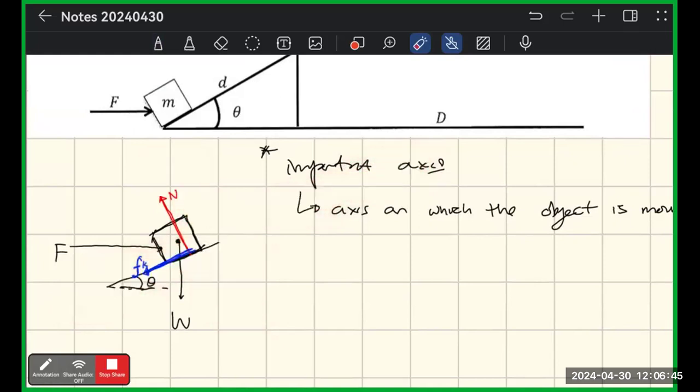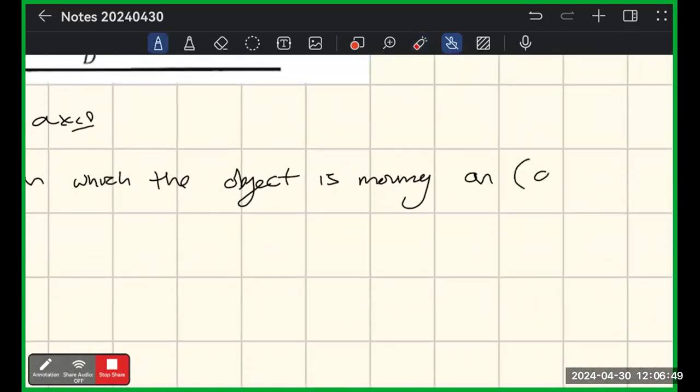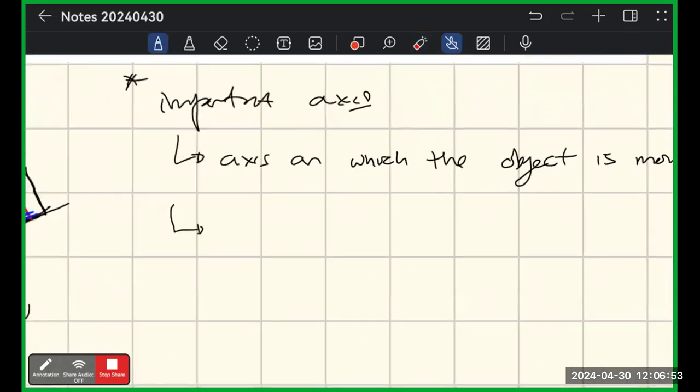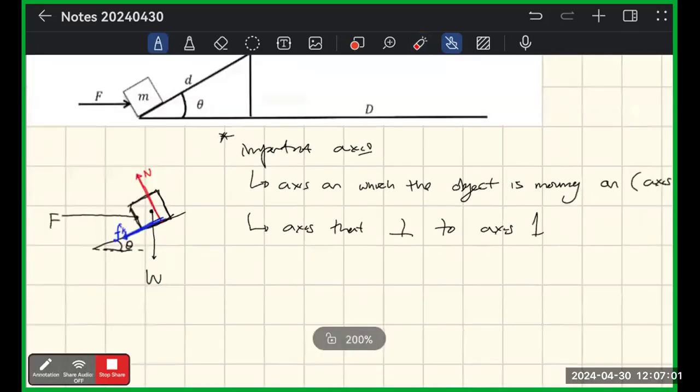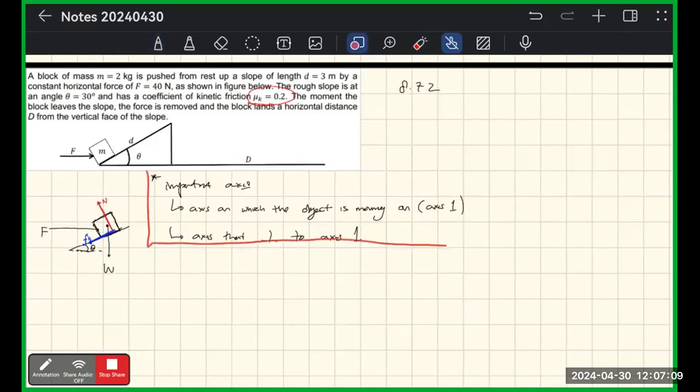So there are two important axes. Let's call this axis 1. Axis 2 is the axis perpendicular to axis 1. That's the important axis that I meant on the drawing. This one is important, so I'll give it a box here.